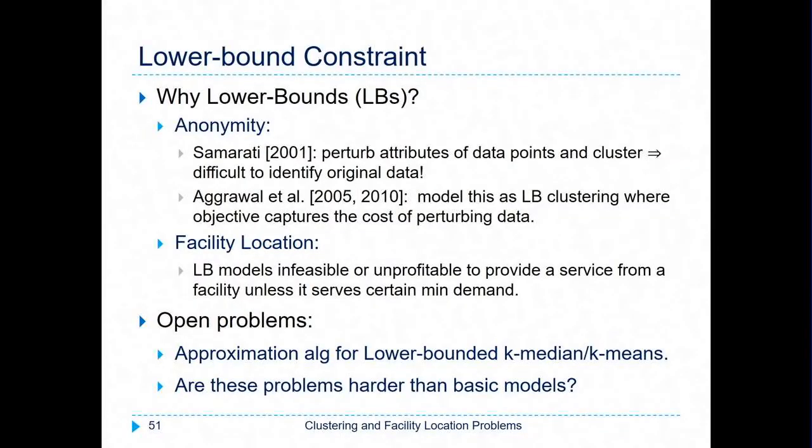And then another constraint that we can add is the lower bound constraint. There are motivations for adding this lower bound constraint. One comes from the anonymity perspective, where Samarati suggested that if we want each cluster to have a certain number of clients in it, then it would be harder to identify the original data.